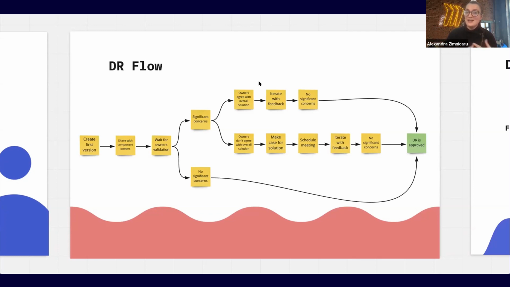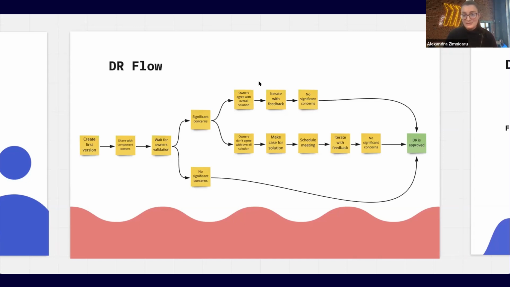And then we have the other path where significant concerns are raised, here also with two different scenarios. So first, when the reviewers agree with the overall solution, but with their expertise, they're able to suggest major improvements. And here the process is relatively simple. We just iterate with their feedback until the DR is approved.